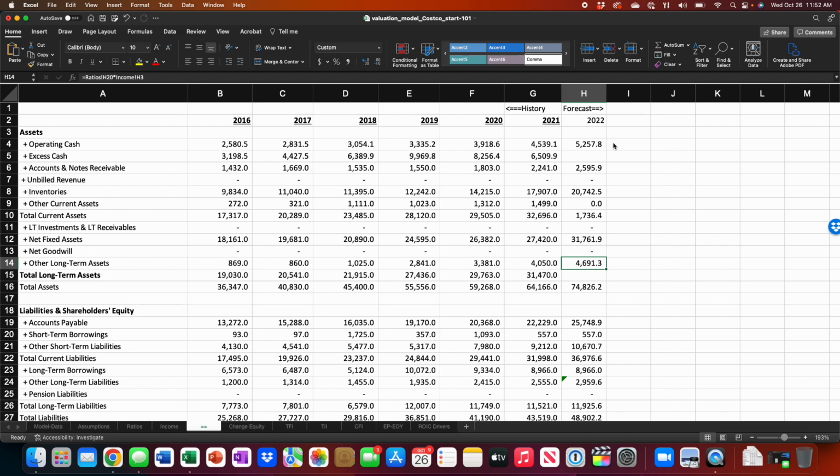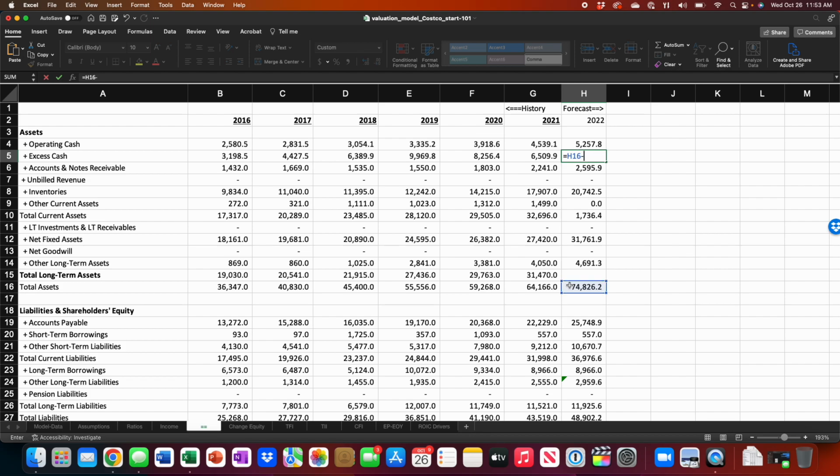Now that I've forecasted all of the line items outside of the sums, except for excess cash, I can solve for excess cash. So excess cash, which is cell H5, equals total assets, which is H16 minus everything else.